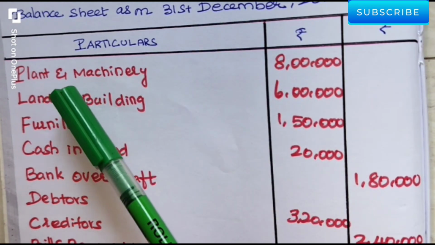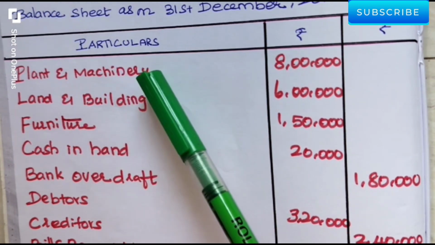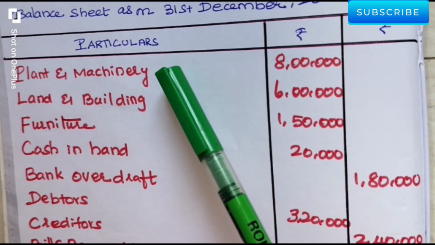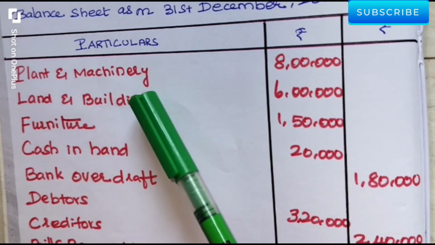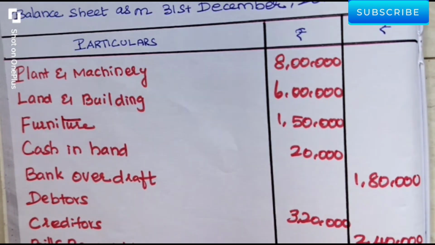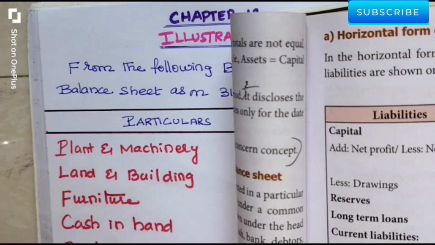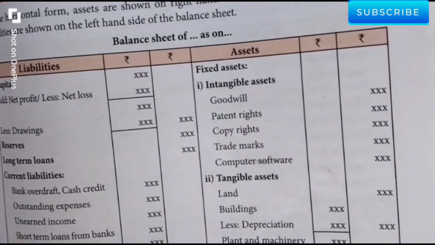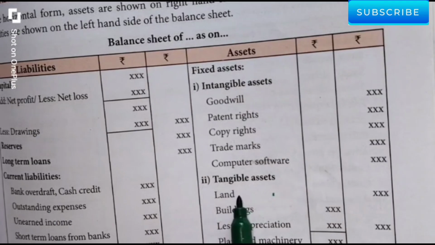So for that we have to identify the given items and mark it with the letter L or A. L means liabilities and A for assets. So plant and machinery. Plant and machinery comes under the heading of intangible asset.